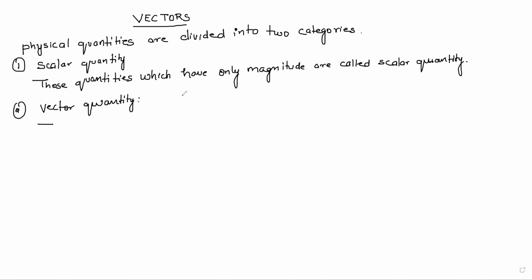For example, mass, उसकी कोई direction नहीं होती, volume, density, temperature. These are all scalar quantities.